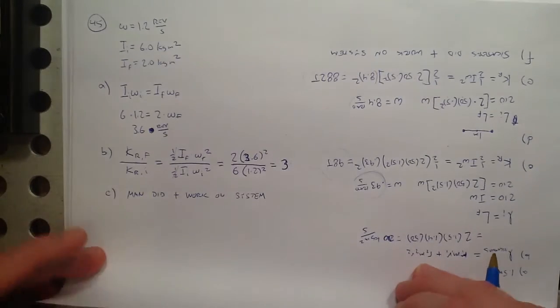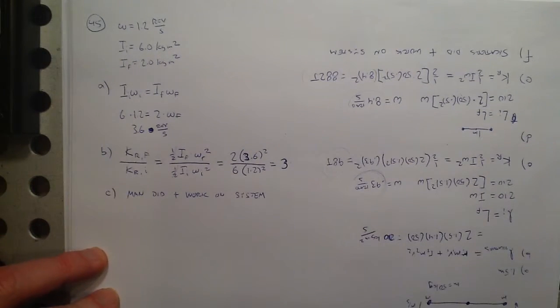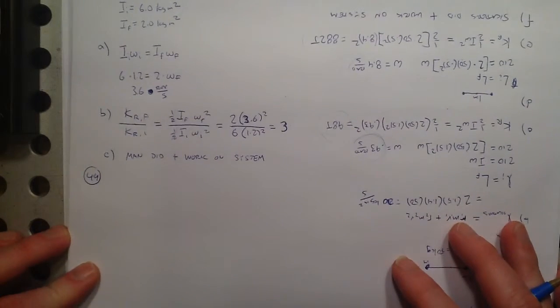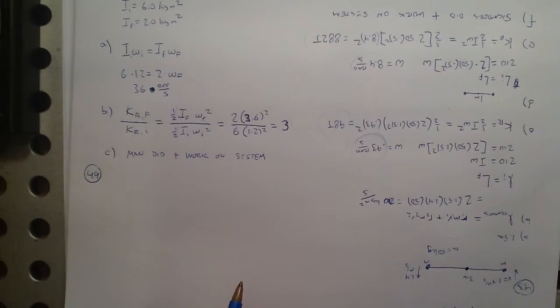Let's see, what's next? Number 49. See if we can squeeze it in down here. Two discs are mounted like a merry-go-round on low friction bearings on the same axle and can be brought together so that they couple and rotate as one unit.